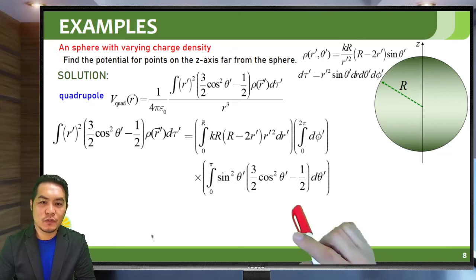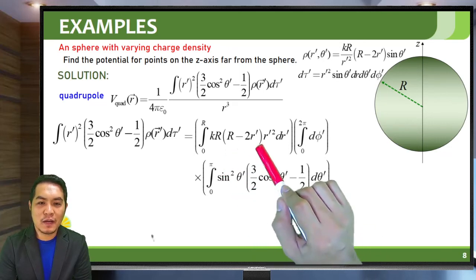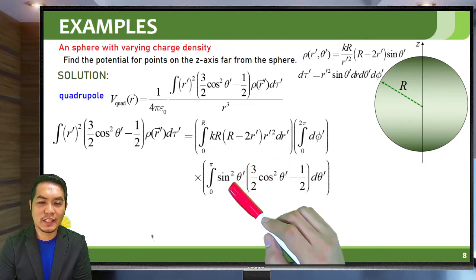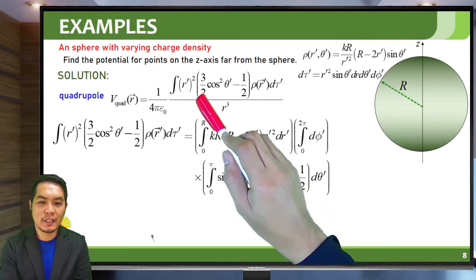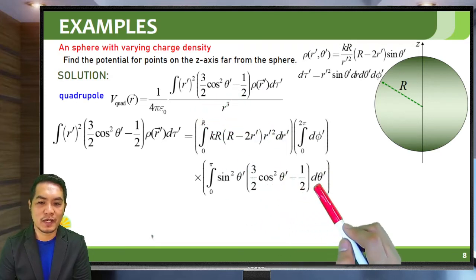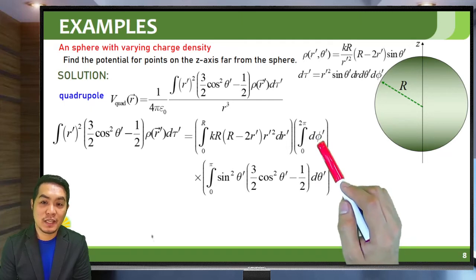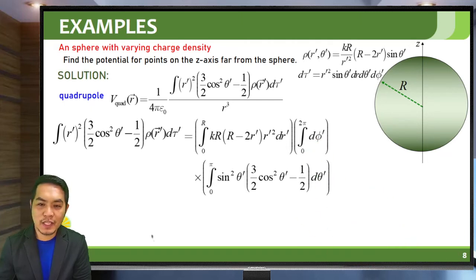Our r integral will now have an r squared due to the r squared term here. Our theta integral will now have the corresponding term here, 3/2 cosine squared theta minus 1/2, d theta prime. And of course our phi is still d phi, so that is again 2 pi.